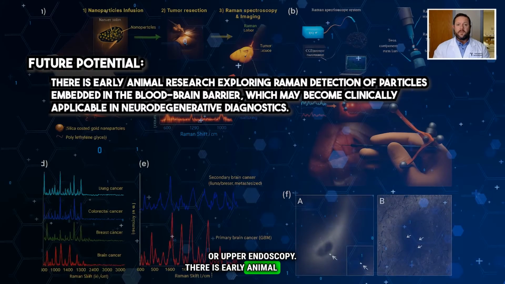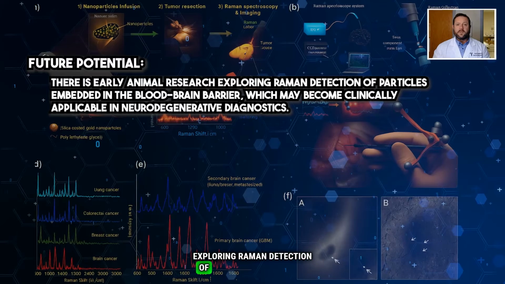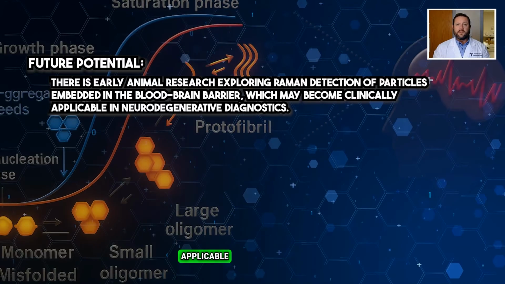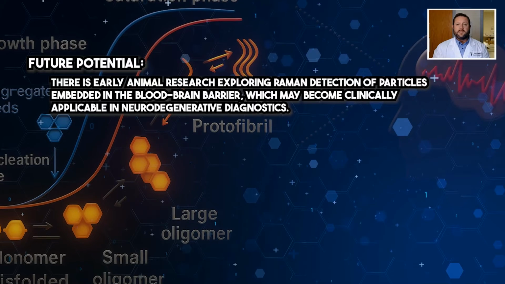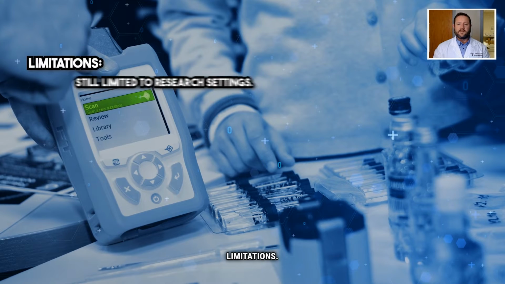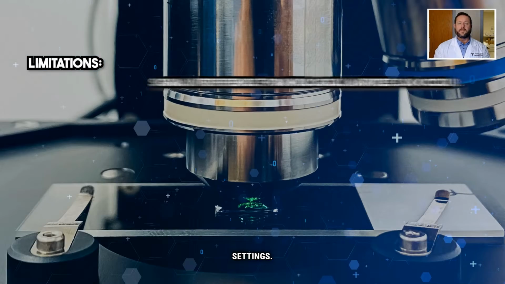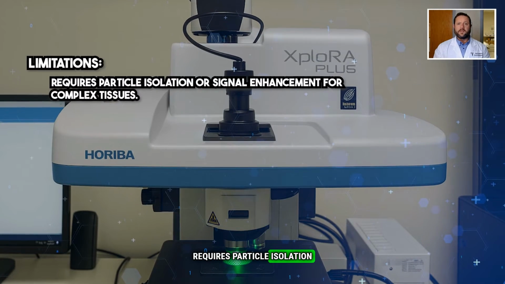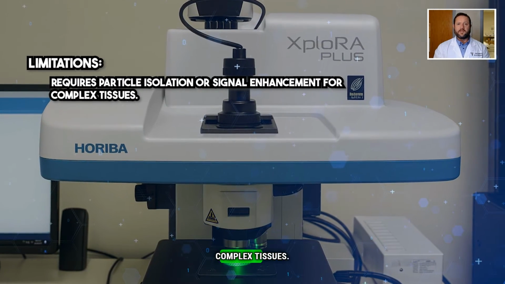There is early animal research exploring Raman detection of particles embedded in the blood-brain barrier, which may become clinically applicable in neurodegenerative diagnostics. Limitations: still limited to research settings. Signal interference from biological matrices can occur, requires particle isolation or signal enhancement for complex tissues.